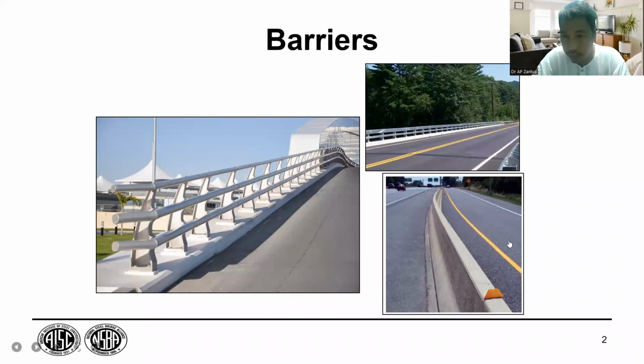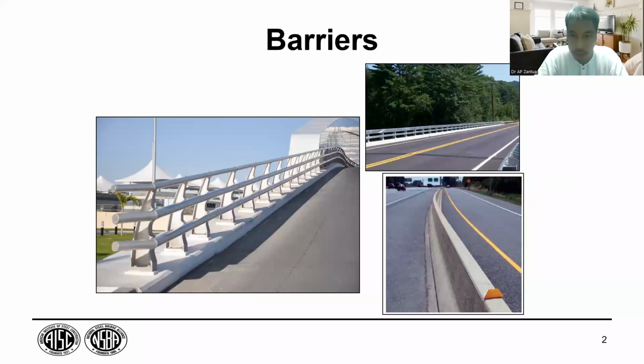I would like to go to the next picture. Those are the pictures in front and on your right side. The top picture looks like a highway. Okay? The only indication that this is a bridge is the type of the barrier.